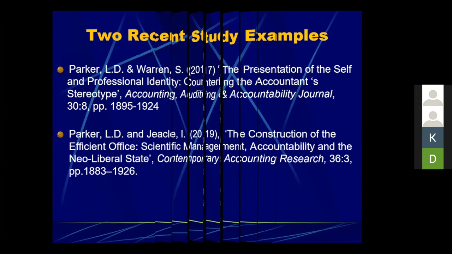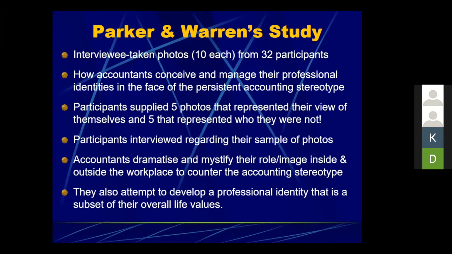Now, if I just quickly tell you about these, the study I did with Sam Warren, we interviewed 32 people, some in London, some in Adelaide. We got them to take 10 photos each. We said, okay, give us 5 photos that you think portray who you are as a professional, and 5 photos that portray who you are not.